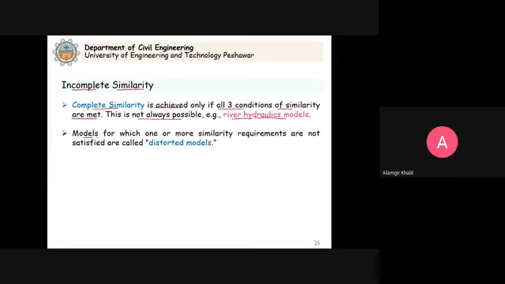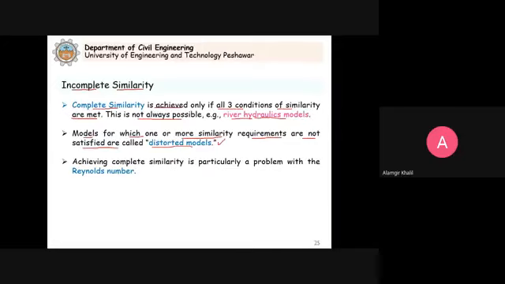Models for which one or more similarity requirements are not satisfied are known as distorted models. It doesn't mean that we cannot apply similitude and transfer the results. No, we have other ways to solve the problem. We use distorted models. Now, achieving complete similarity is particularly a problem with the Reynolds number.